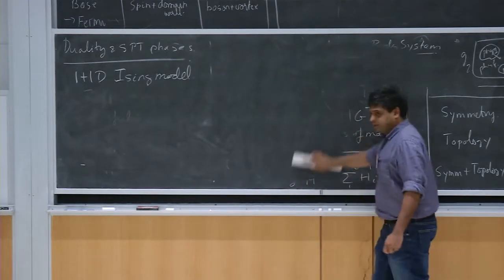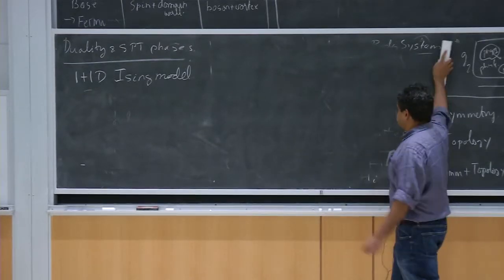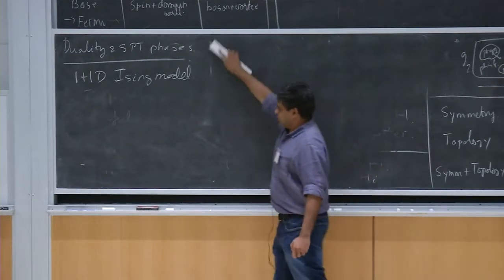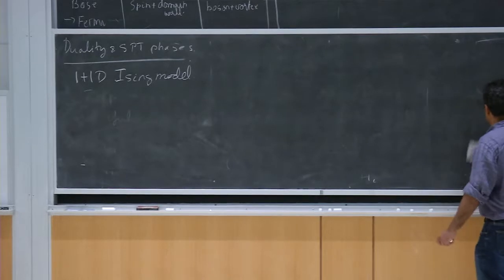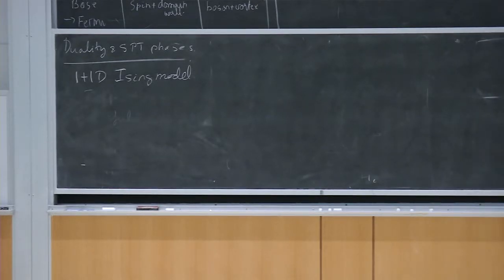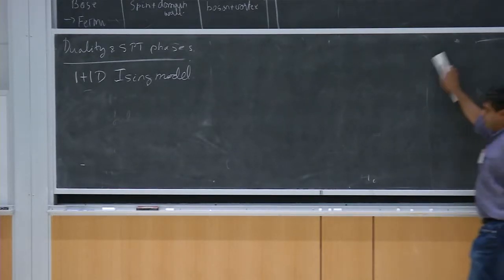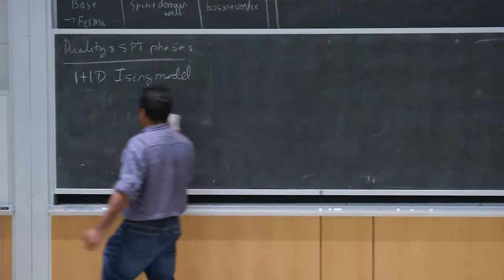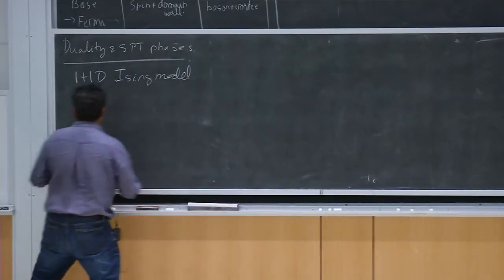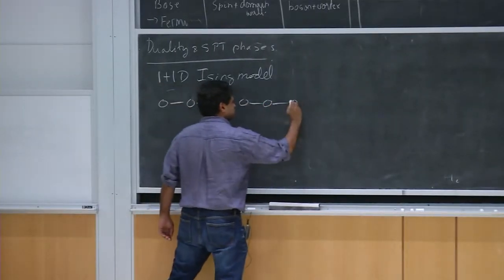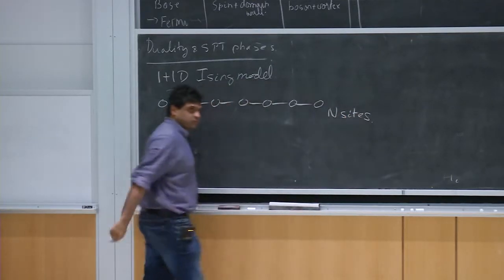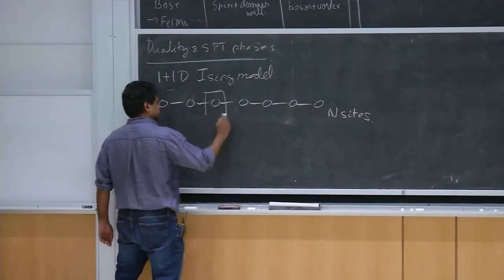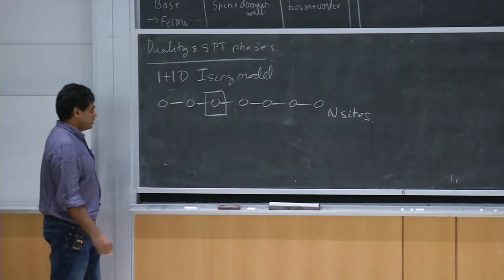We're going to think of the simplest site Hilbert space that you can possibly have, which is just a two-level system. So you have two states, and it's convenient to think of them as spins because we're going to give them a symmetry very soon. So on each site, I have a chain composed of these two-level systems. There are n sites.